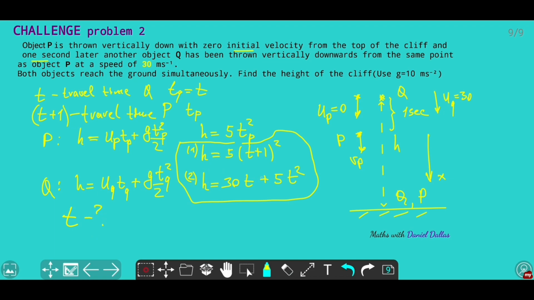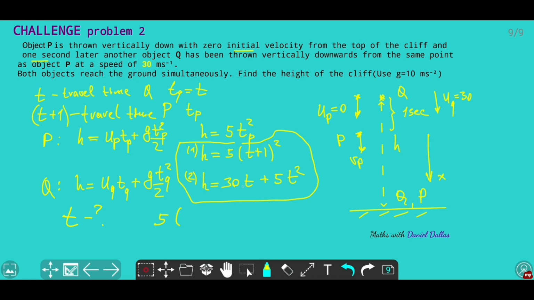Of course, you know that you can express t through h and plug it in, but I'm not going to do that. I'm just going to use a bit easier way, maybe a bit longer, but it's actually easier. So I'm just going to equate both equations 1 and 2, because I'm going to solve as a simultaneous equation, and I'll get the following.